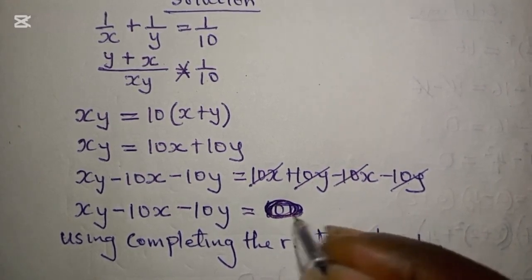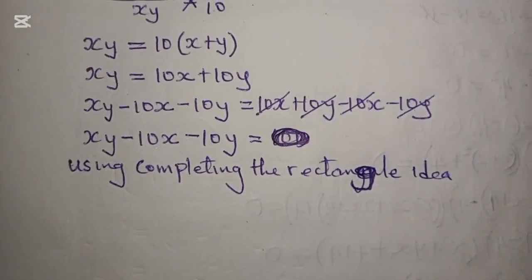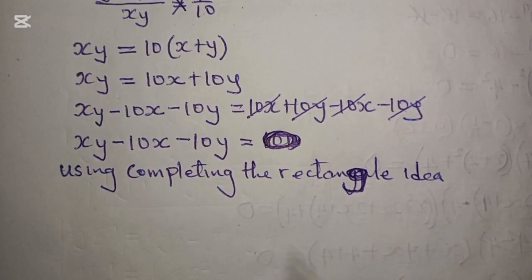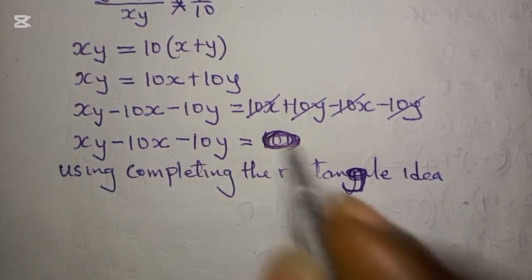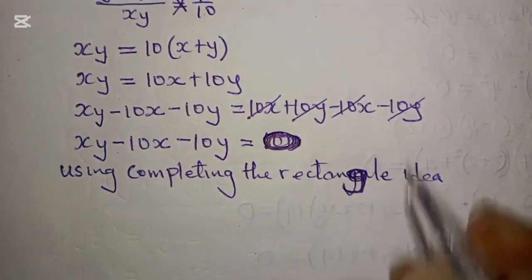So we do that, which means we are going to add 100 to both sides in order for us to be able to factorize easily. So that's what we are going to do.